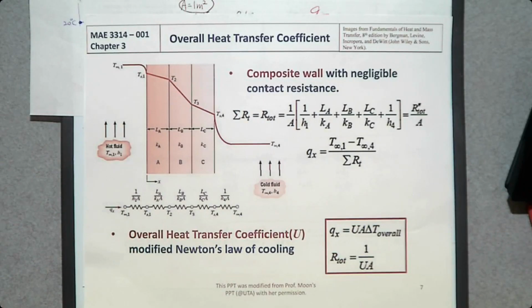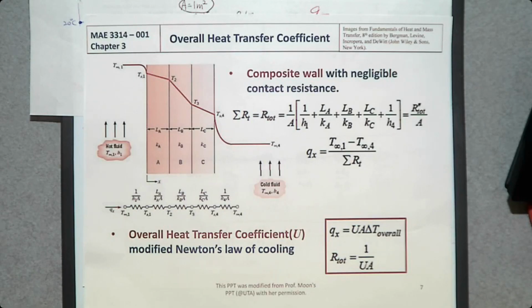We basically use the same equation to determine Q, which is delta T over R. And in many cases, not in mechanical engineering, but usually in construction engineering, when we design a building, when we design a house, and those big ones, some people like to use overall heat transfer coefficient, which is actually the same as thermal resistance network.